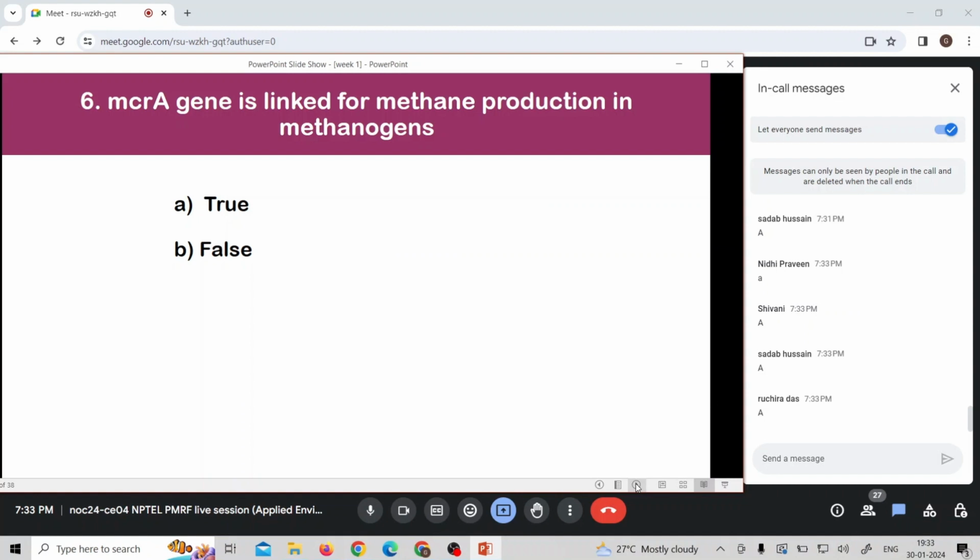So now let's have a little bit of discussion. Before that, why is this three domain classification important? Can any of you answer this? What is the significance of this three domain classification?